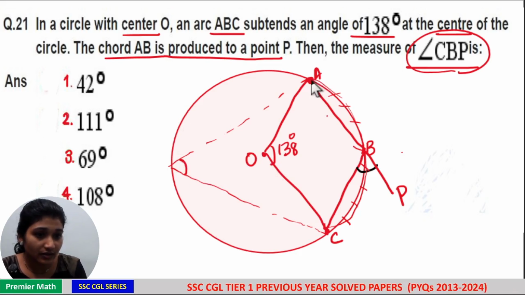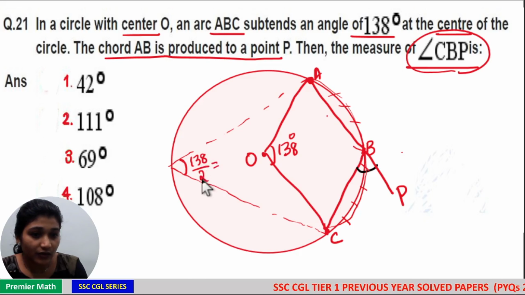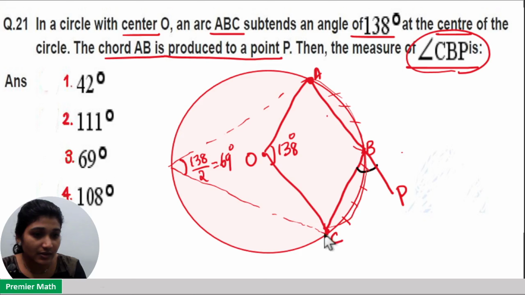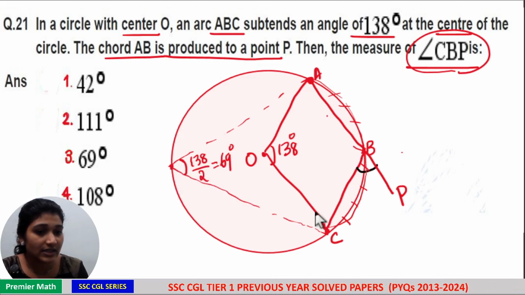The counterpart is equal to this AC. So the same arc will produce half of angle 138 at the circumference of the circle. So 138 by 2 is equal to 69 degree.